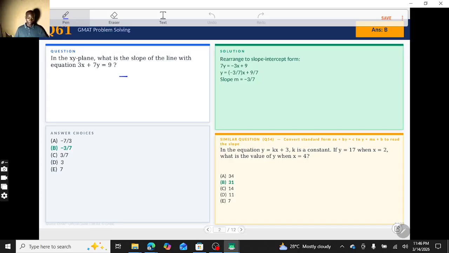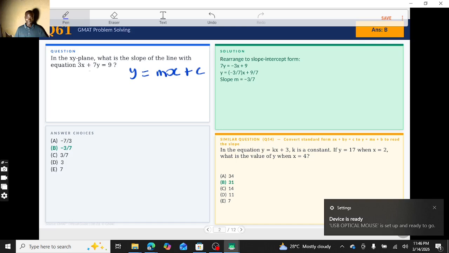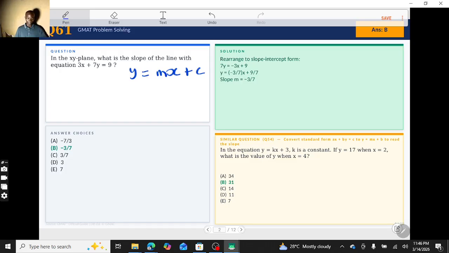But remember, the equation of a line is given as y equals mx plus c. All we need to do is to rearrange this 3x plus 7y equals 9 to look like this. And if we do that, we have 7y equals minus 3x plus 9.